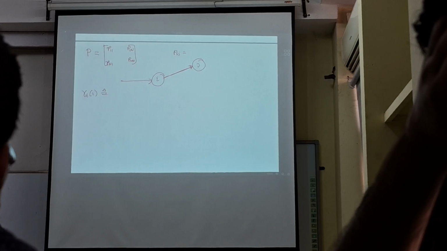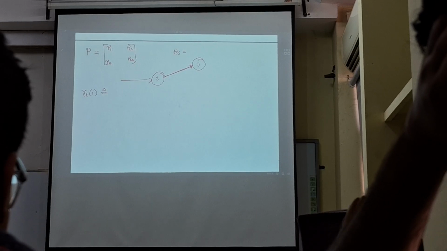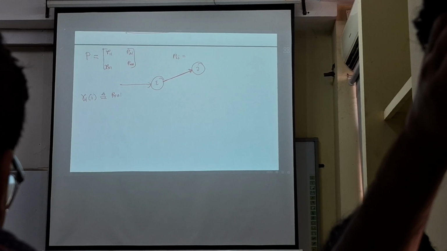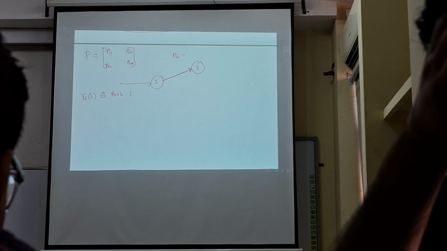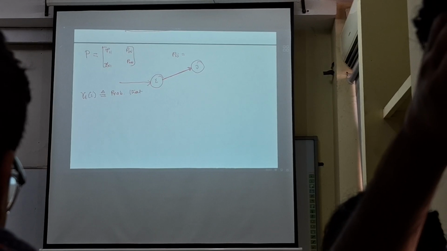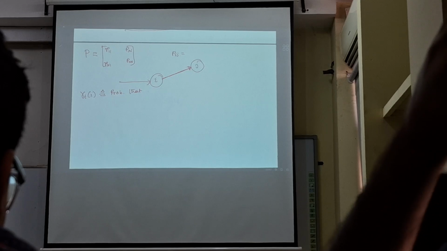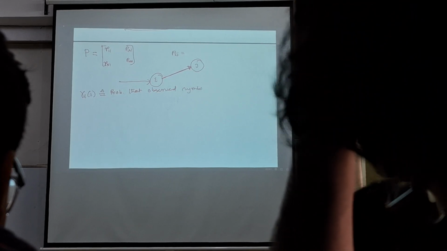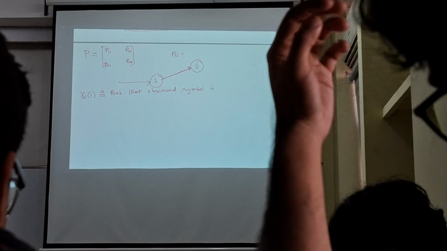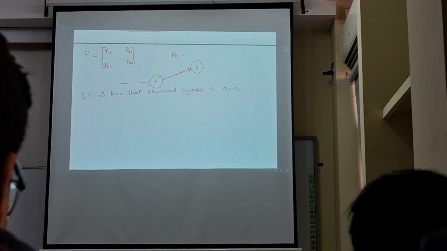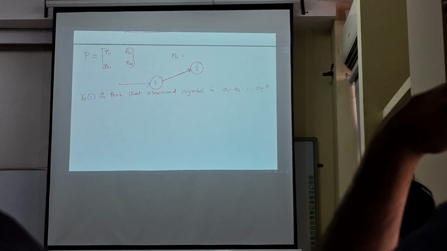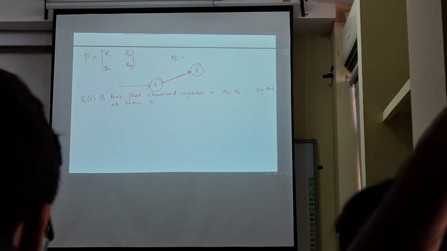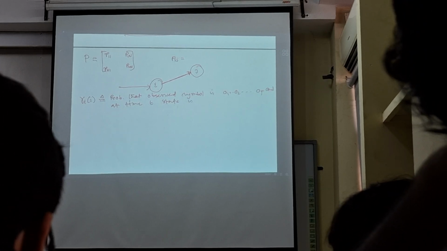Let me first tell you what gamma_t(i) represents. Gamma_t(i) represents the probability that the observed signal is O1, O2, up to OT, and at time t the state is I.